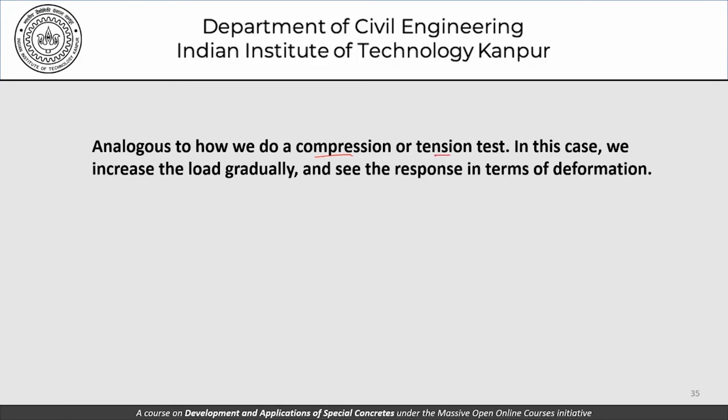In that case, the load is applied gradually and we see the response in the specimen in terms of deformation. But here what we do is increase the pressure gradually with the pressure time table and measure the volume of mercury intruded.